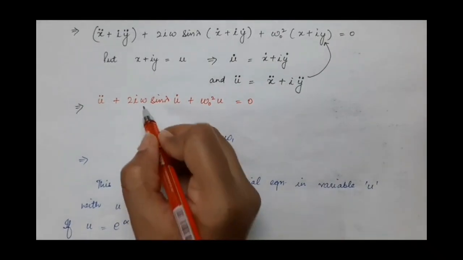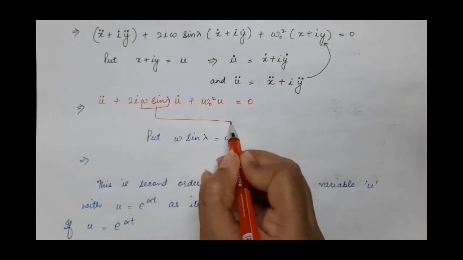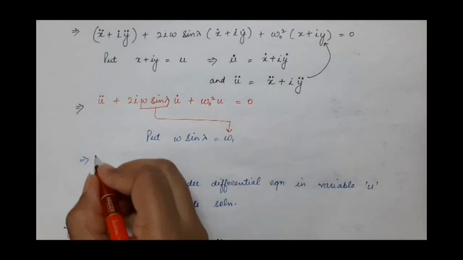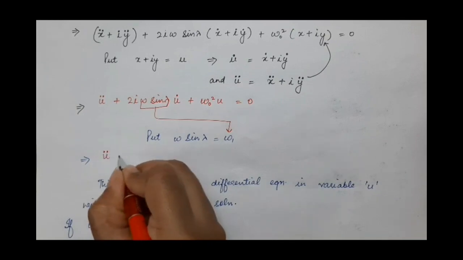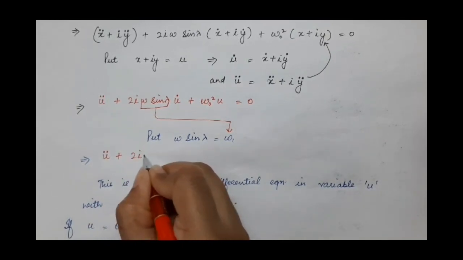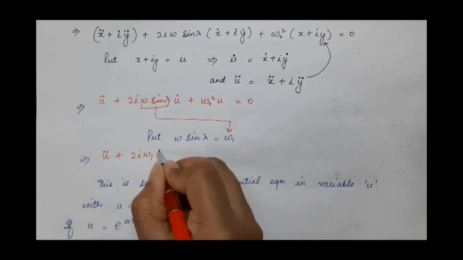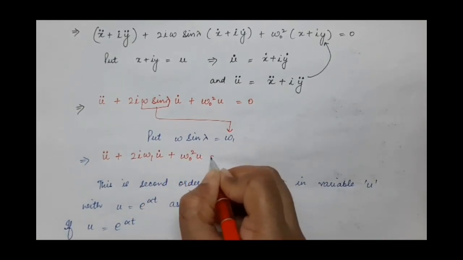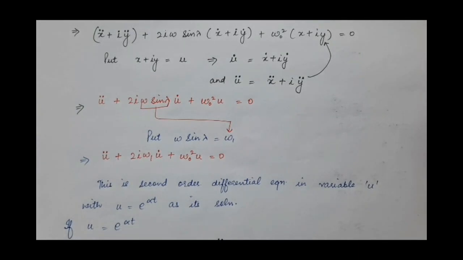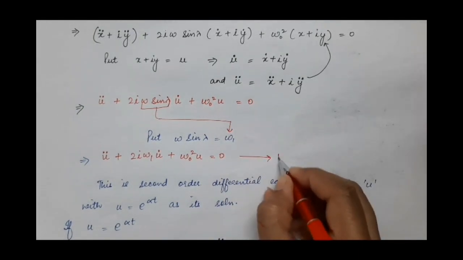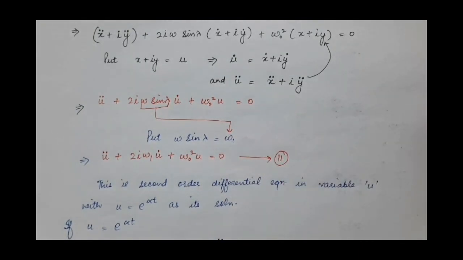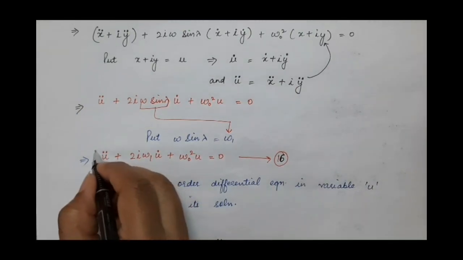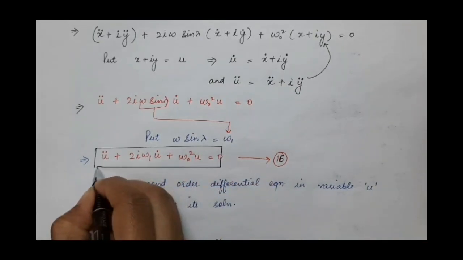Now put omega sine lambda equal to omega 1. So we have the equation u double dot plus 2 iota omega 1 u dot plus omega naught square u equal to 0. Suppose this is equation number 16.